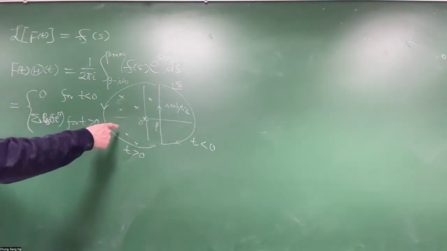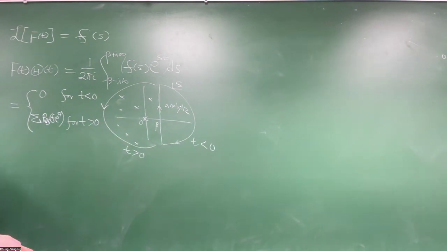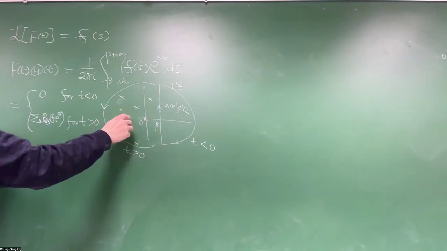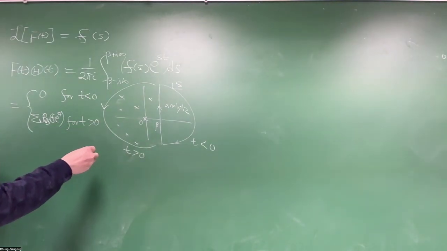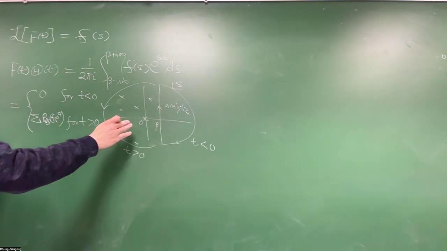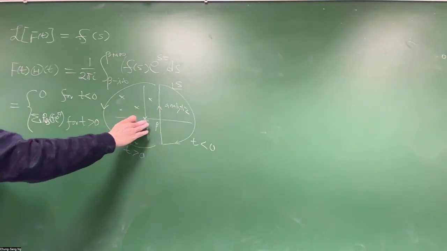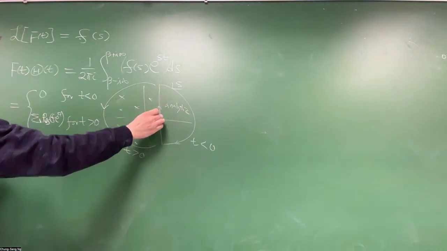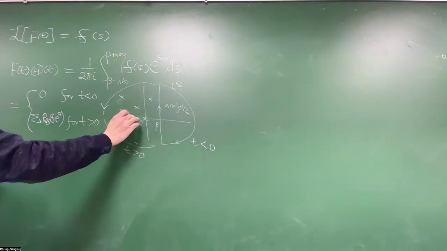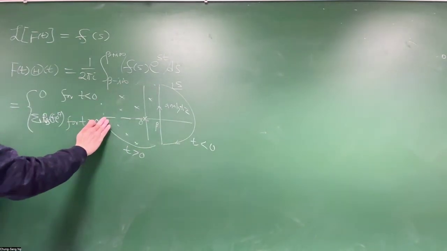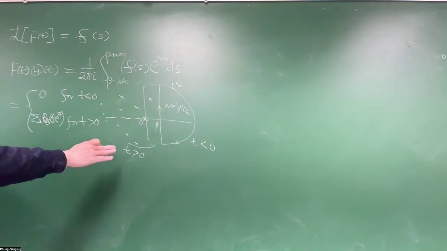And if there's a branch cut, then it becomes more complicated, so you cannot actually close it like that. In that case, you need to do something a little strange. You can still deform it. If there's a branch cut, then obviously you cannot close it across the branch cut.